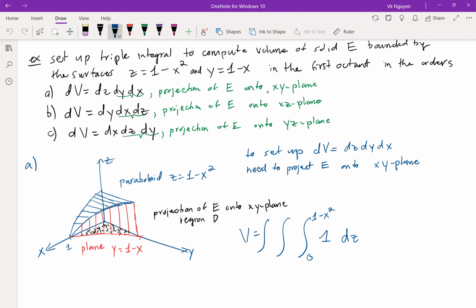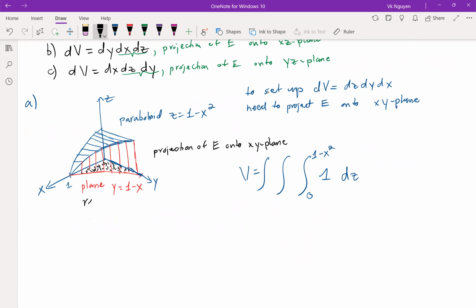That means you have to set up the region D in dy dx. Draw region D here. It is better to view it like this, x and y: x goes to 1, y goes to 1, so it's going to be right here. Region D.